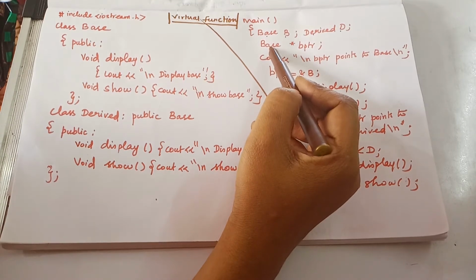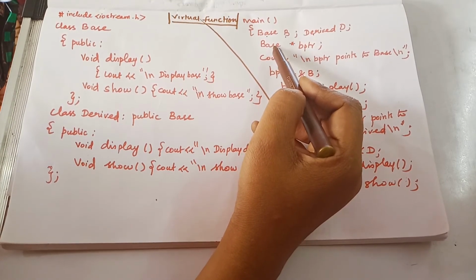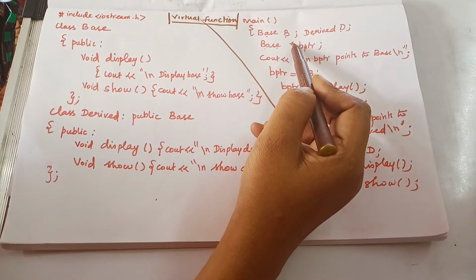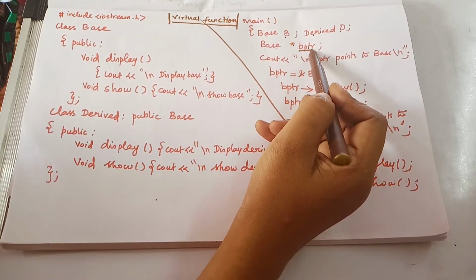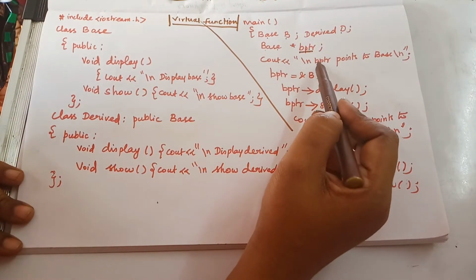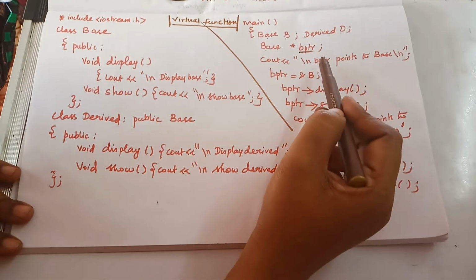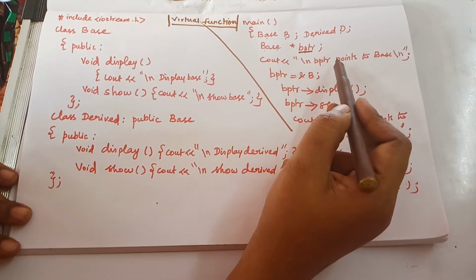I am creating one pointer for the base class. So base, dereference operator, BPTR. This is a base class pointer. Now I am going to use the base class pointer for the base class object.